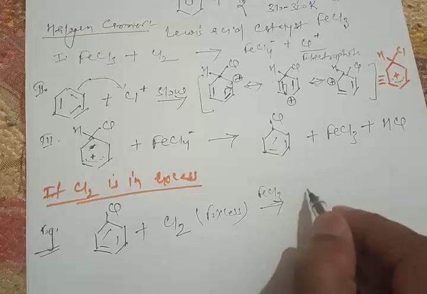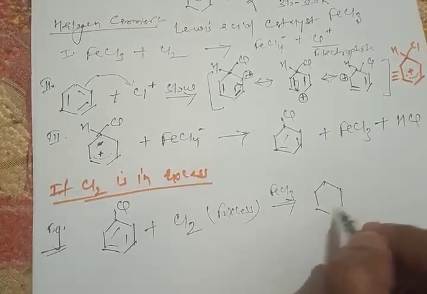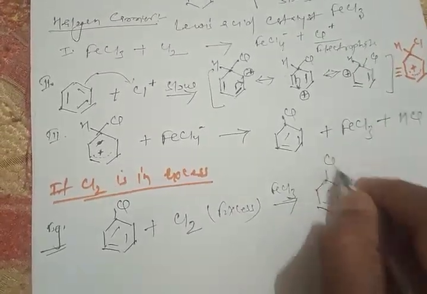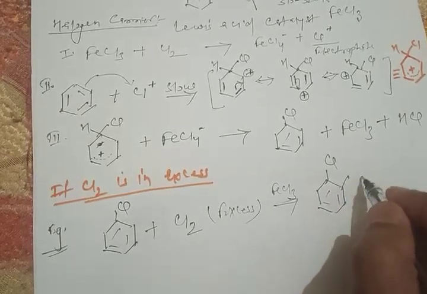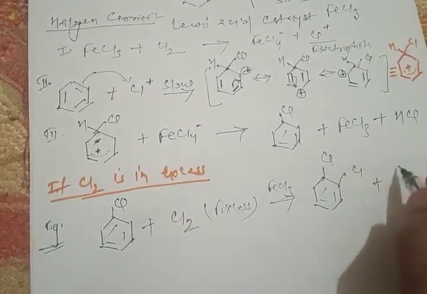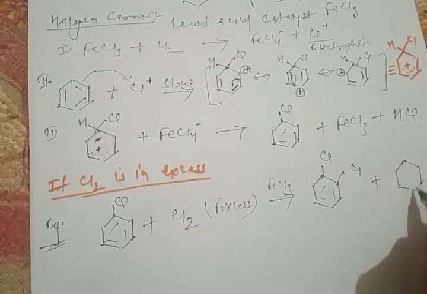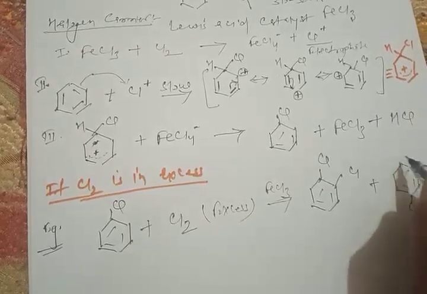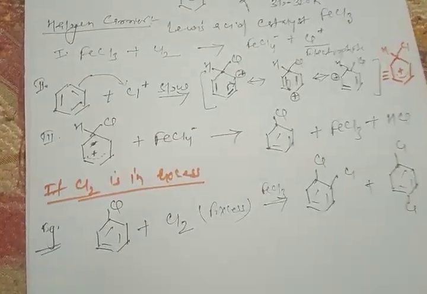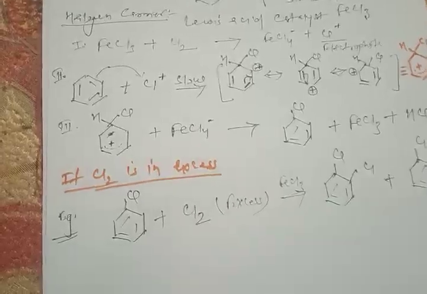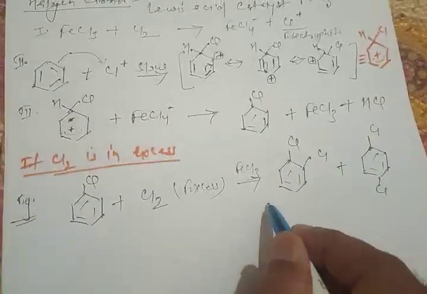So we'll get a mixture of products, that is the ortho and then the para. This is called ortho dichlorobenzene and this is para dichlorobenzene.